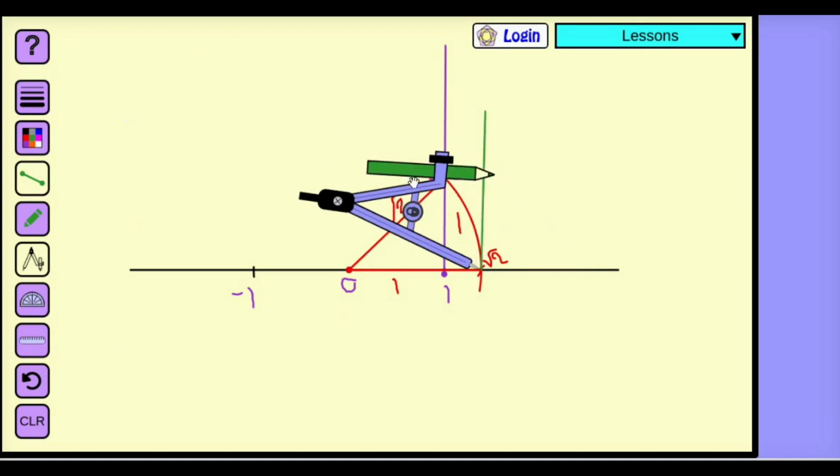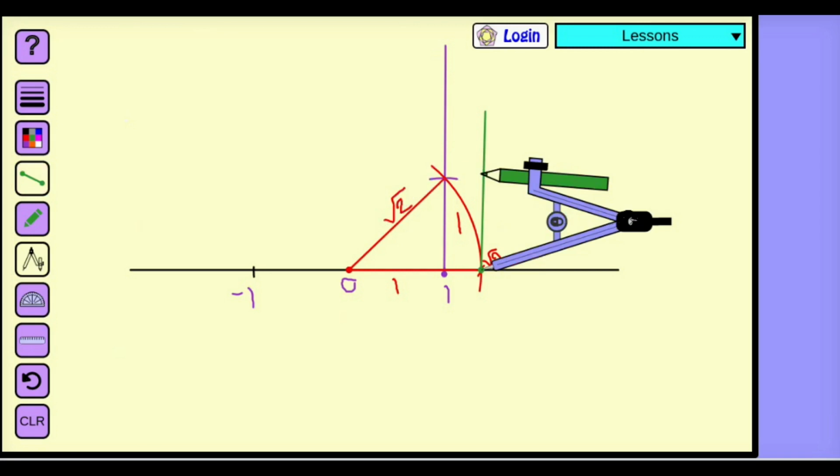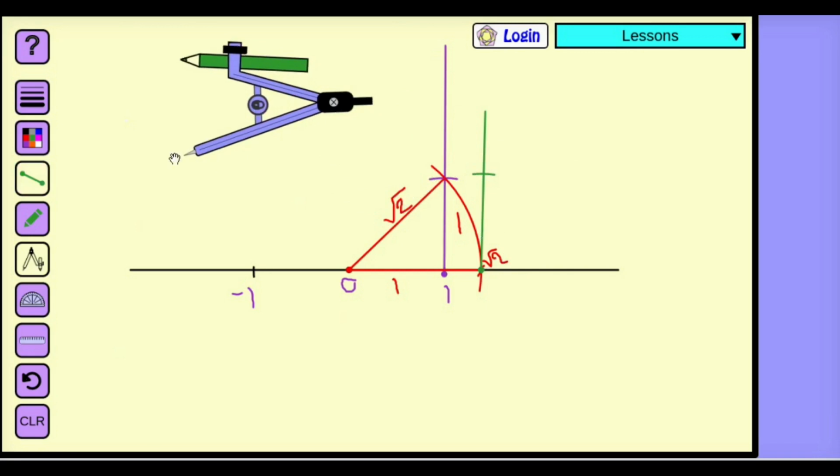Exactly, at 1 unit it intersects the perpendicular line. Then mark it as 1 unit. Now, from where we started, 0 to root 2, the horizontal length is root 2. Adjacent side is root 2 and opposite side is 1.